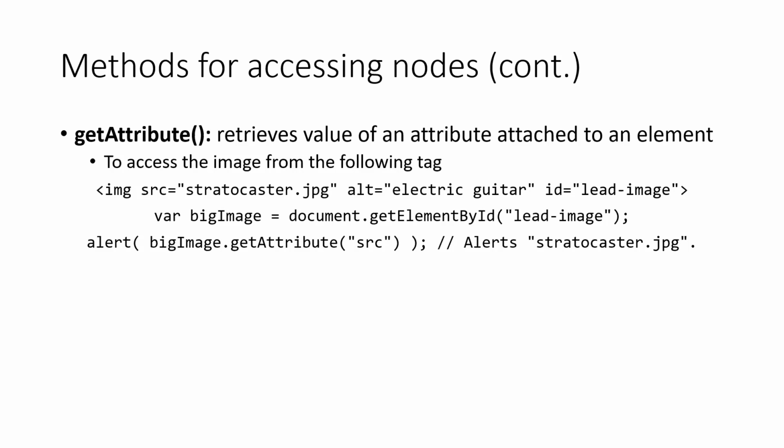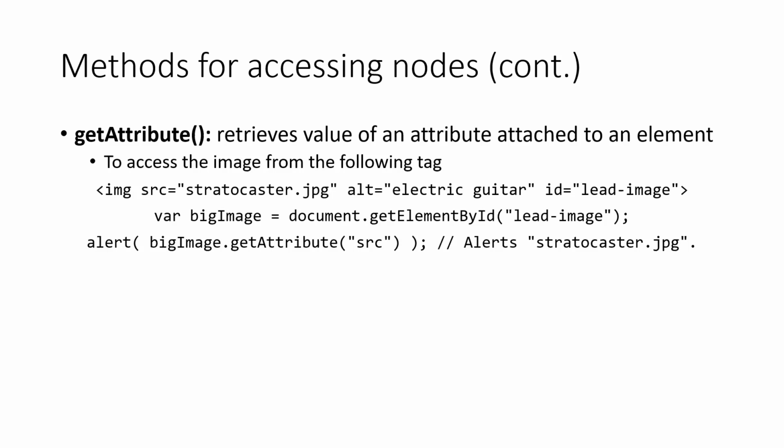Then the next one: we can retrieve the value of an attribute attached to an element. For example, when you say getAttribute, in this example we create a variable called bigImage, and then we get the lead image.